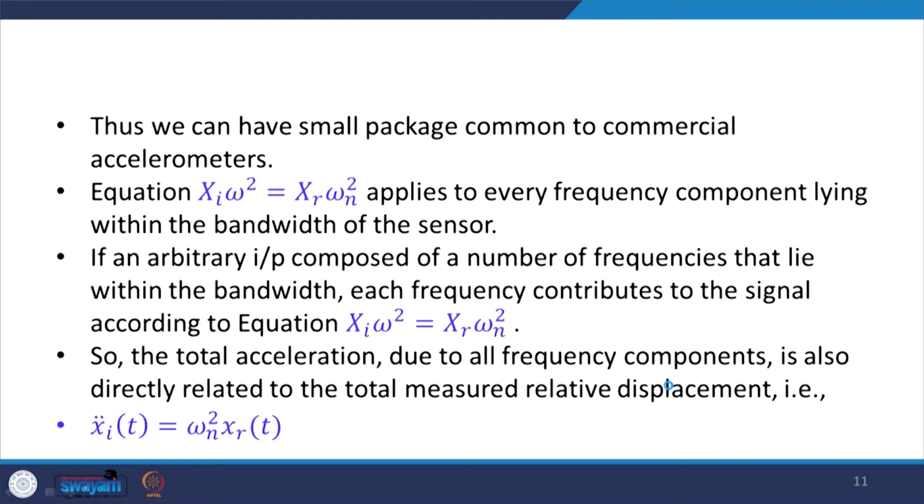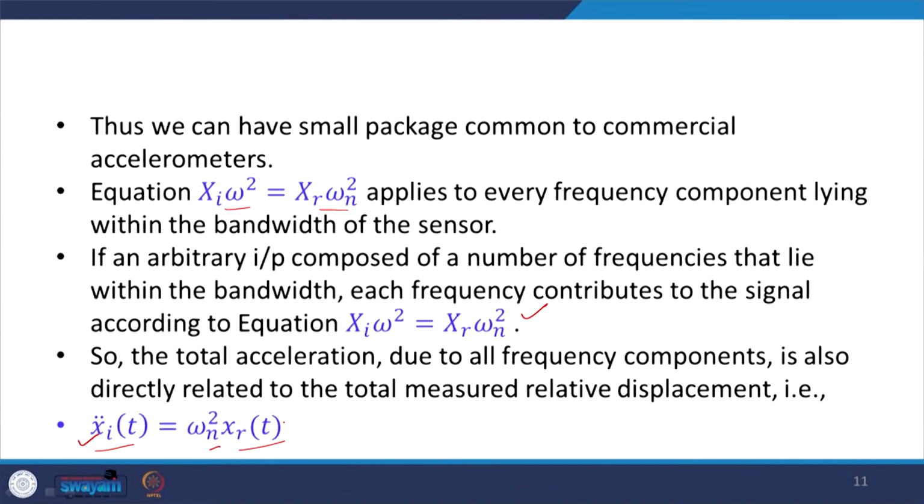And this equation, xi omega square is equal to xr omega n square, applies to every frequency component lying within the bandwidth of the sensor. So, if an arbitrary input, which is coming from the object which is accelerating, is composed of a number of frequencies that lie within the bandwidth, each frequency contributes to the signal according to this equation.